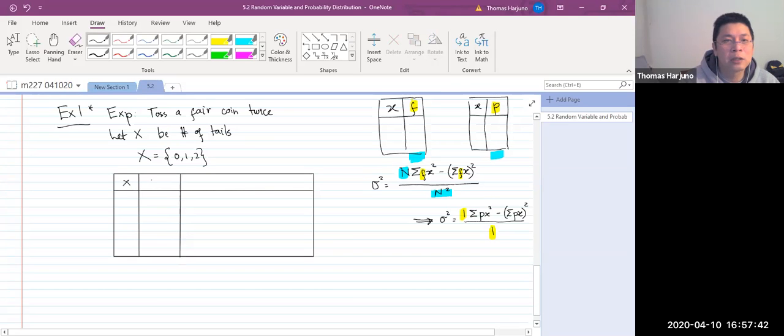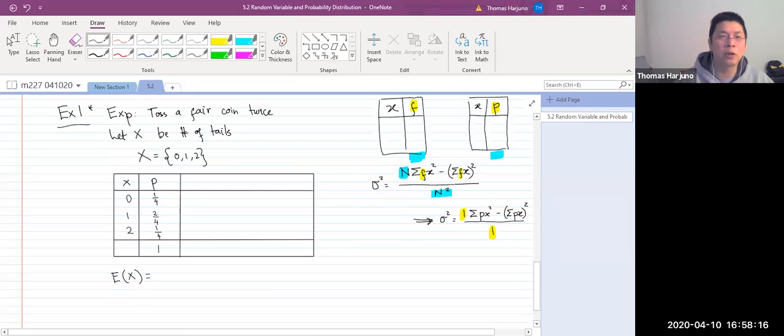This is x, this is p: 0, 1, 2, with probability of 1/4 here, 2/4 here, and then 1/4 here, whose total is 1. Now, find the expected value of x.